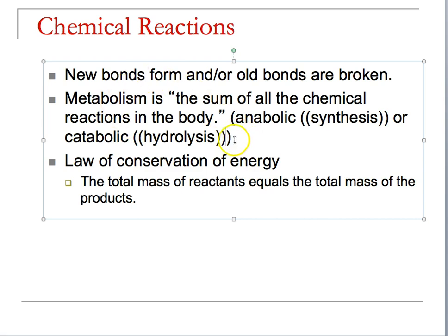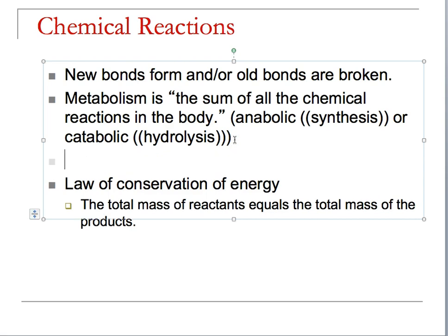Well, because there is a law of conservation of mass, where the total mass of the reactants equals the total mass of the products. If I was going to say something like A plus B is going to give us AB, the mass of these should be roughly the same.